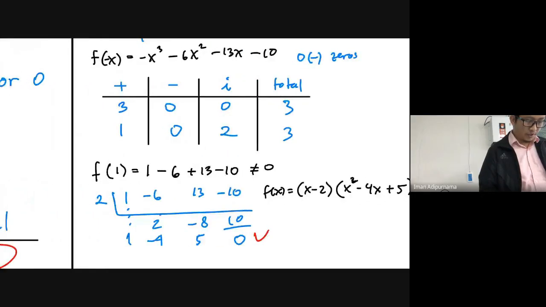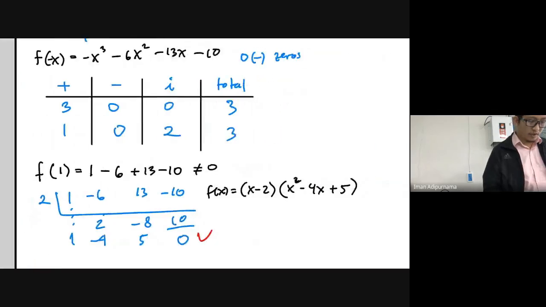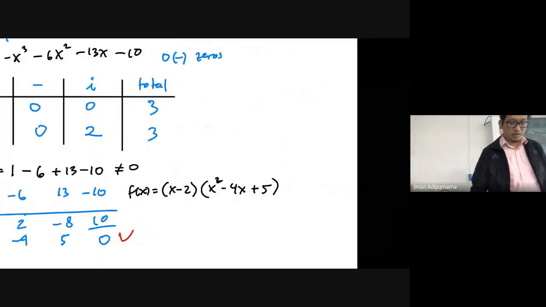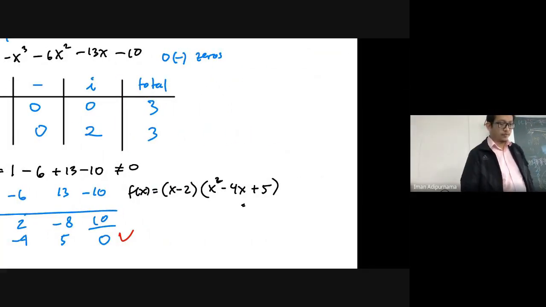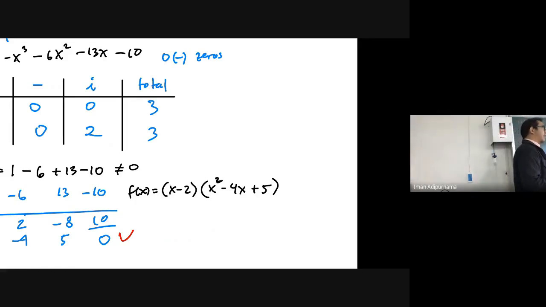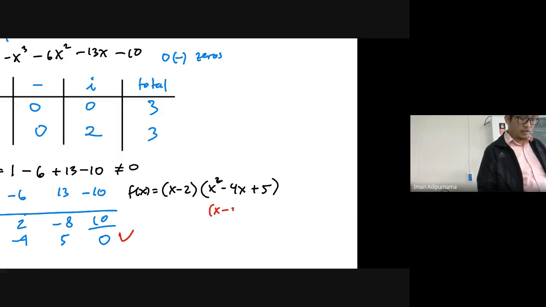Okay. So from here, I will write my equation like this. First of all, it's a quadratic function. It should be easy to factorize, unless it's not, right? Can we factorize this one? No, right?